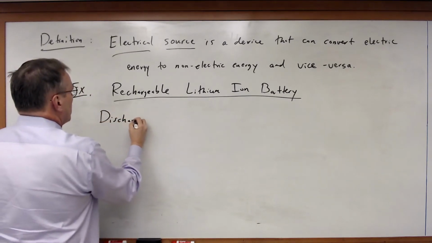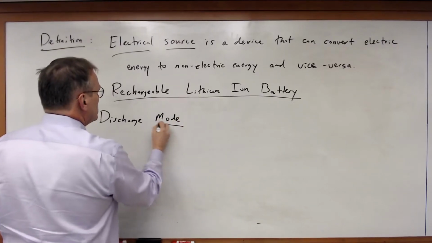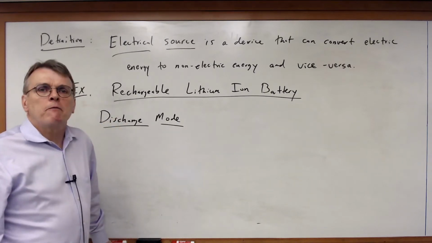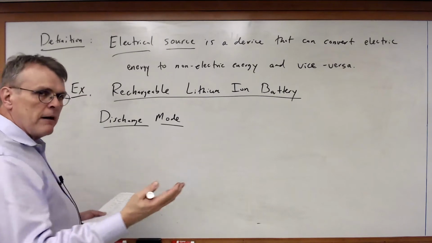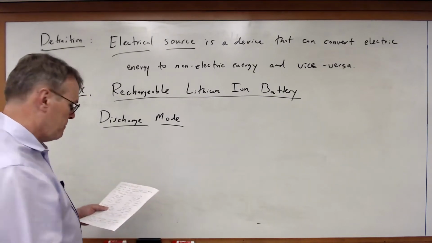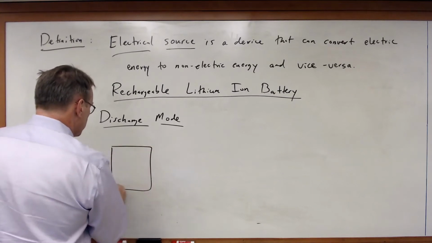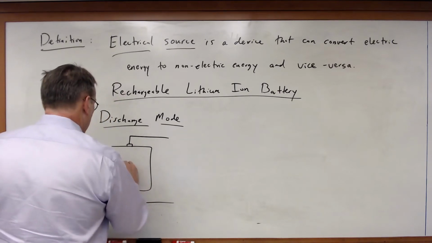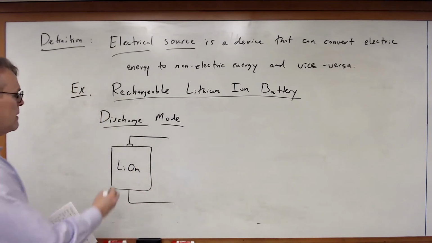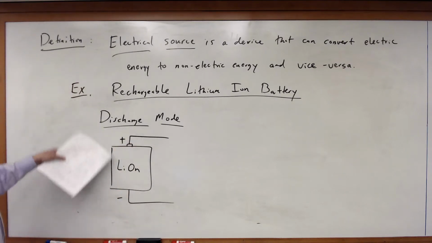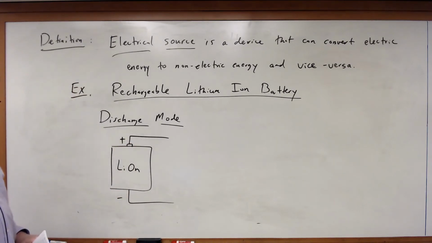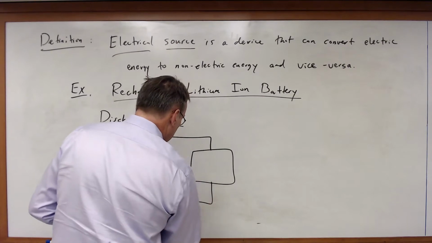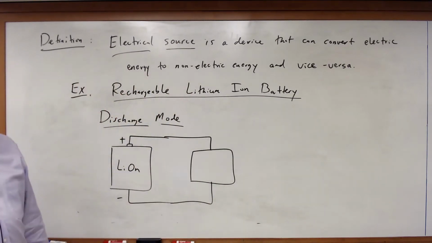First of all, a battery has a discharge mode. Probably every one of you right now is carrying a cell phone with you, a smartphone. And if you think about it, there's a battery that's running that cell phone. So somewhere inside that cell phone, embedded inside of it, if you cracked it open, you would find a lithium-ion battery, which could be defined in terms of positive and negative terminals, or for the voltage of that battery. And that battery is supplying energy to the cell phone electronics.